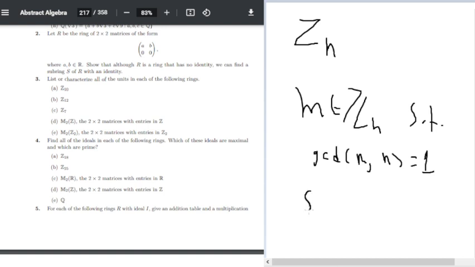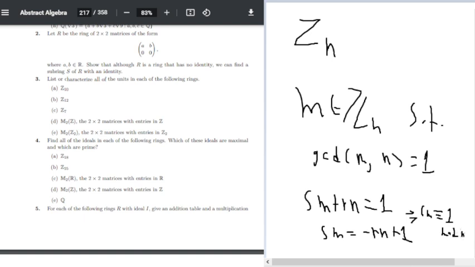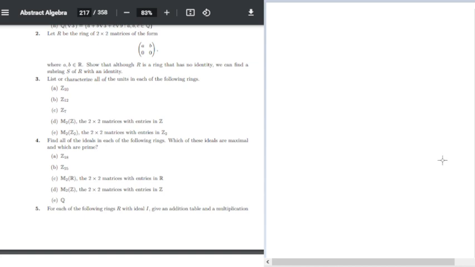Because then Sm plus Rn is equal to 1, so Sm is equal to negative Rn plus 1, which implies that Sm is congruent to 1 mod n, which is the same as literally saying that it has a multiplicative inverse. And conversely, we can just go in the literal opposite direction.